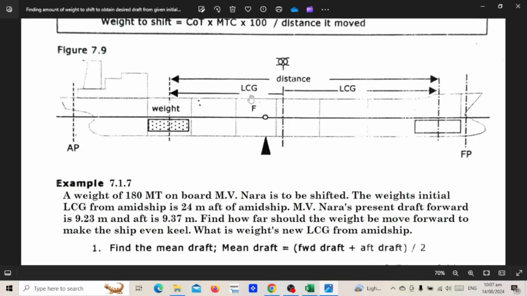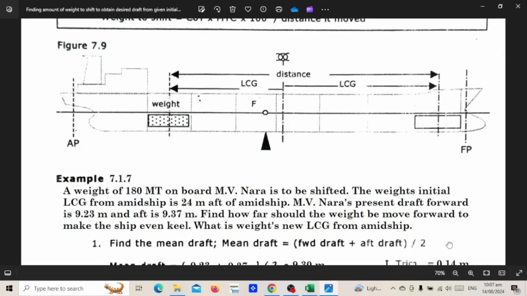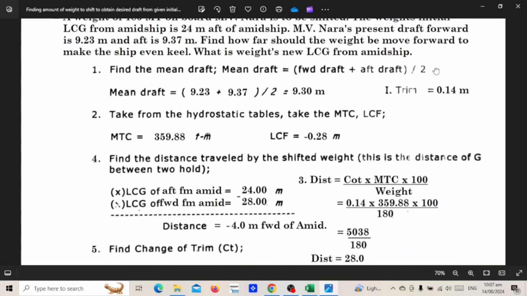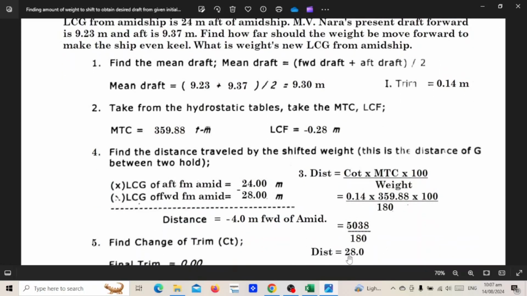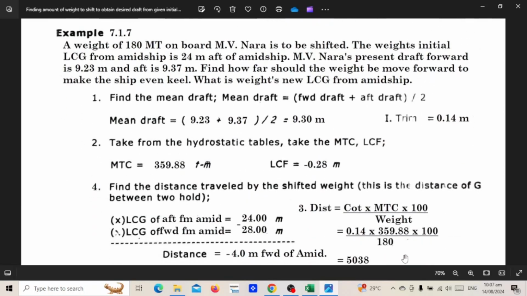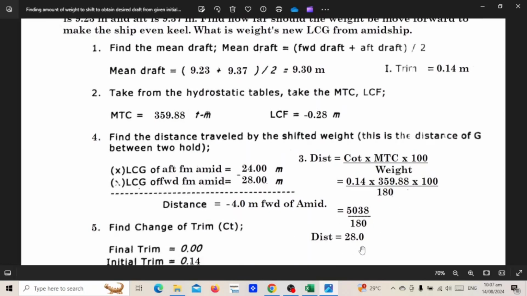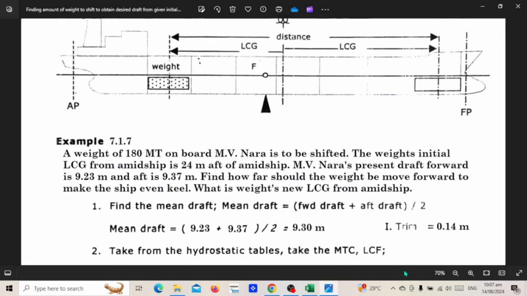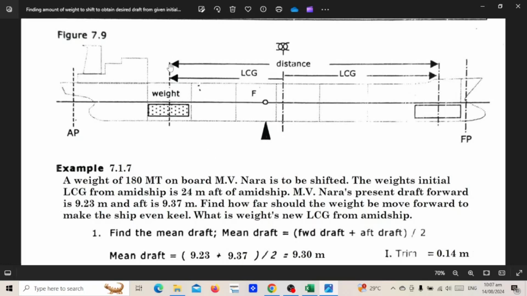Now, according to our formula, the distance that we should move forward, meaning the distance of this weight to move forward, is 28 meters. So from this weight, which we are to move forward to make the vessel even keel, should be 28 meters.